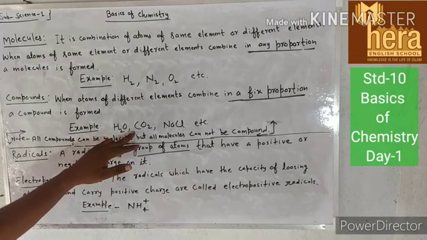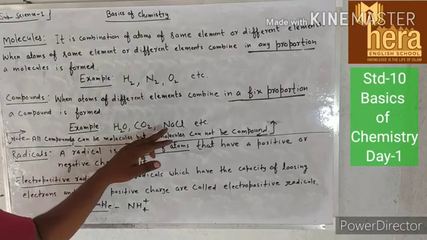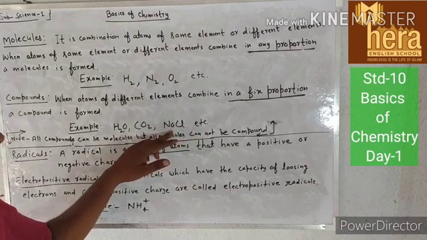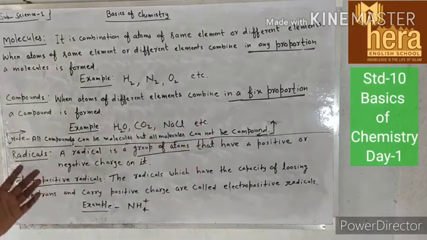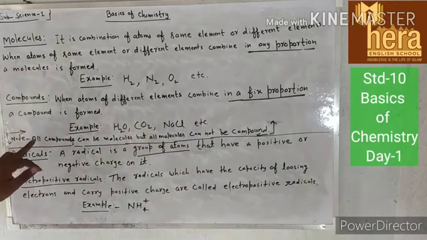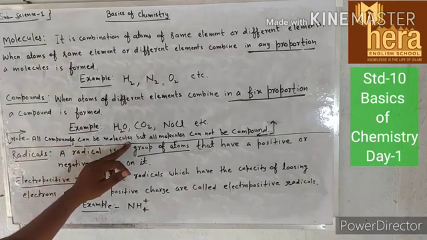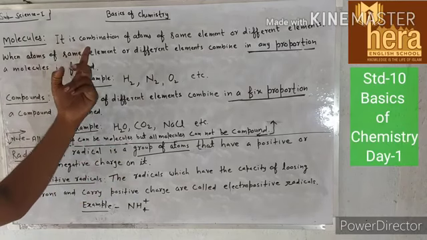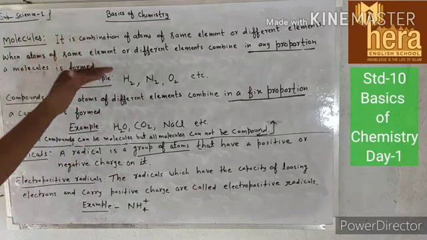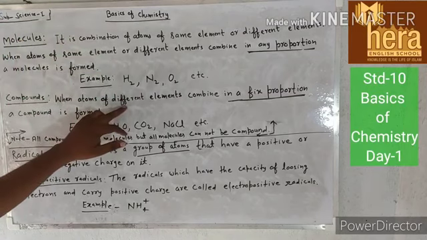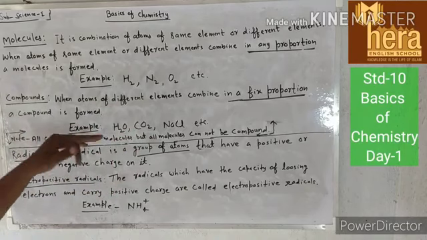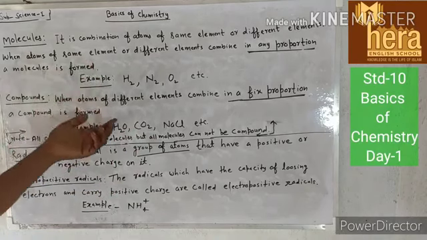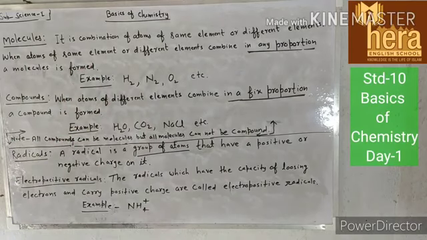Examples: H2O, CO2, NaCl, that is water, carbon dioxide, sodium chloride, etc. Remember, all compounds can be molecules, but all molecules cannot be compounds. This is important. Next is radicals.